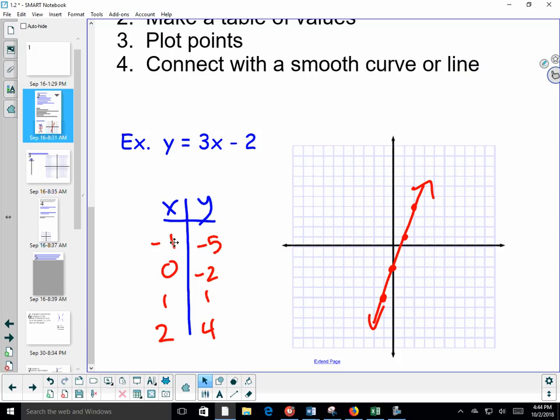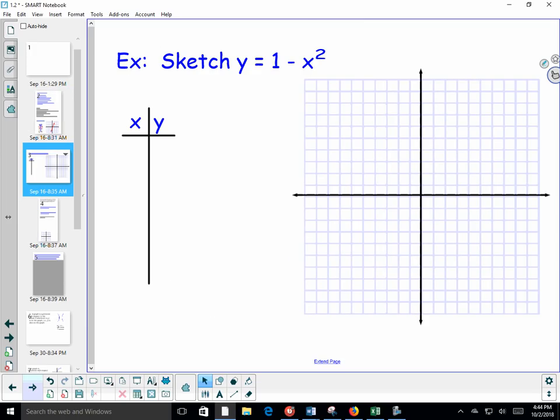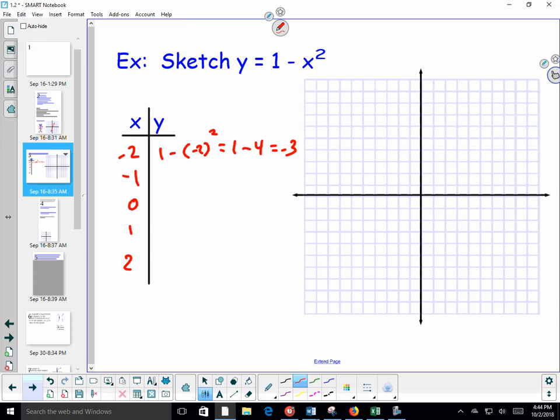All right, so let's take a look at another example. What if we wanted to sketch y equals 1 minus x squared? We can make a table of values. Let's try -2, -1, 0, 1, and 2. If we plug in -2, that's 1 minus (-2) squared, which is 1 minus 4, and that's -3.